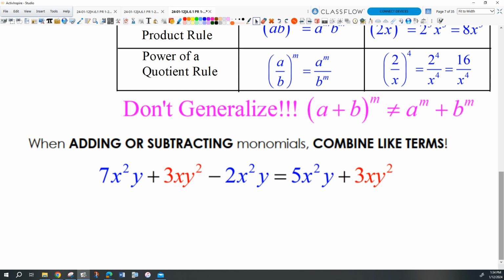Because the x and the y are separated. I can add the blue terms up to make a single term, but the red one I can't. How come? Because the variables are different, right? You look at the exponents and the variables. The powers of the variables are different, so they can't be combined. Okay, we'll get back to that later.